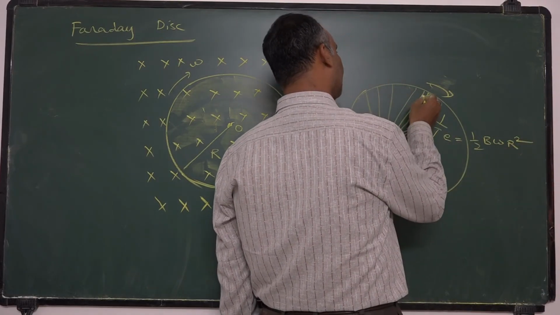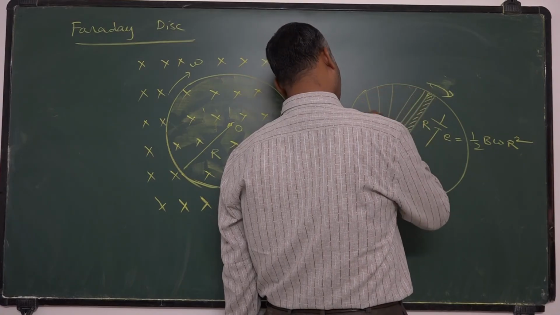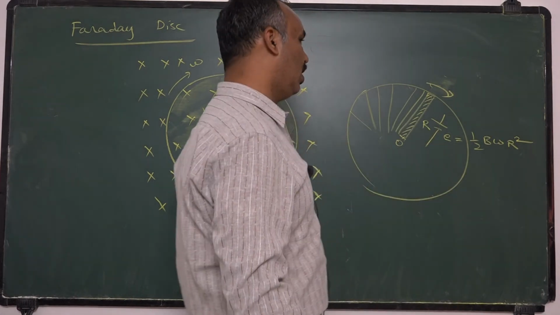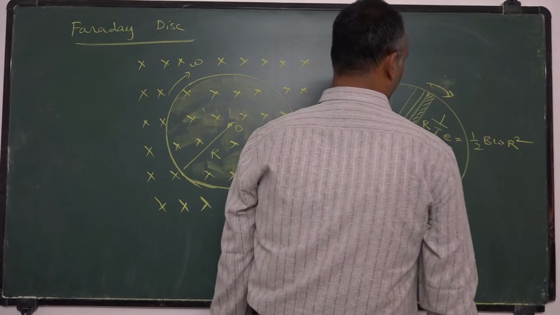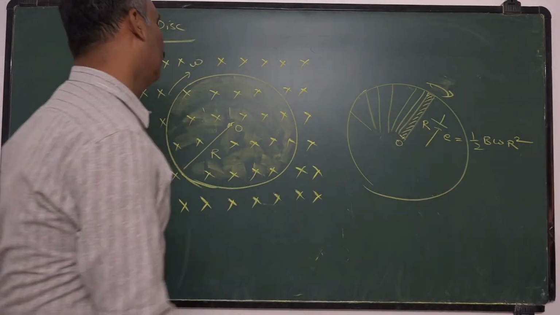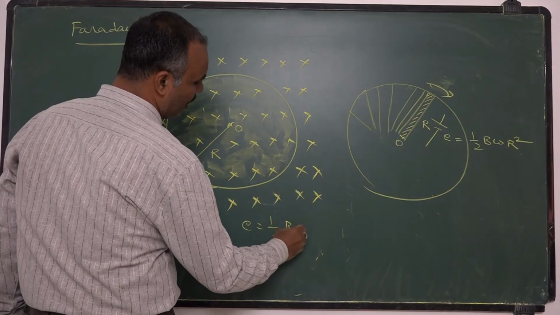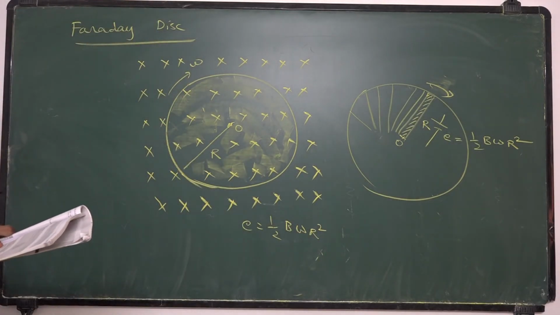All these rod-type portions of the disc are in parallel to one another, so the effective EMF will be the EMF due to a single rod. So the final effective EMF is given by half B omega r square.